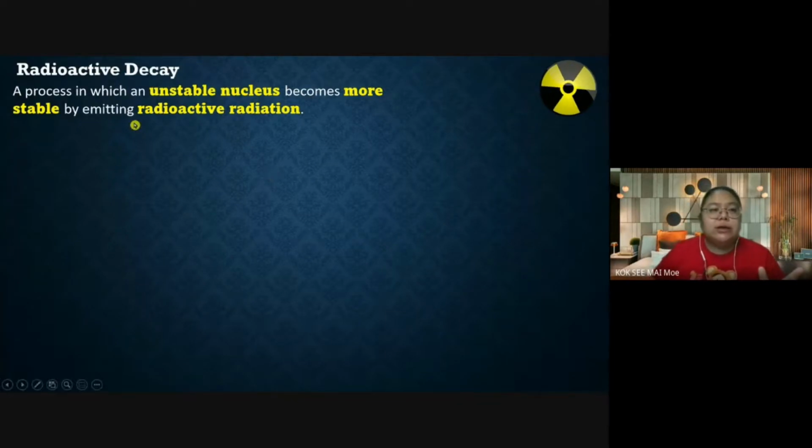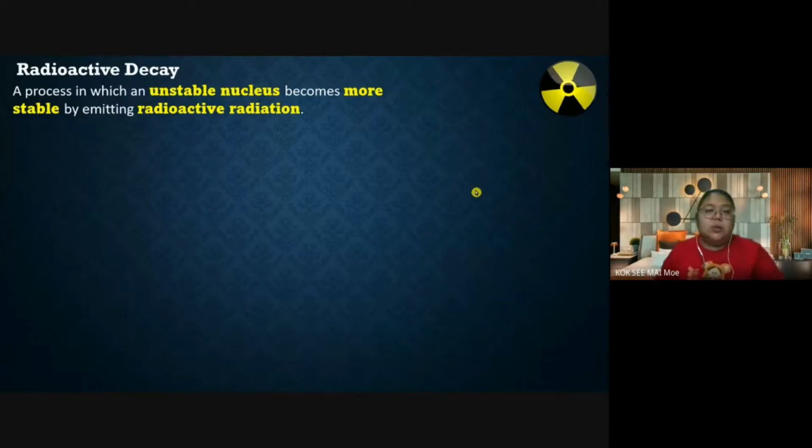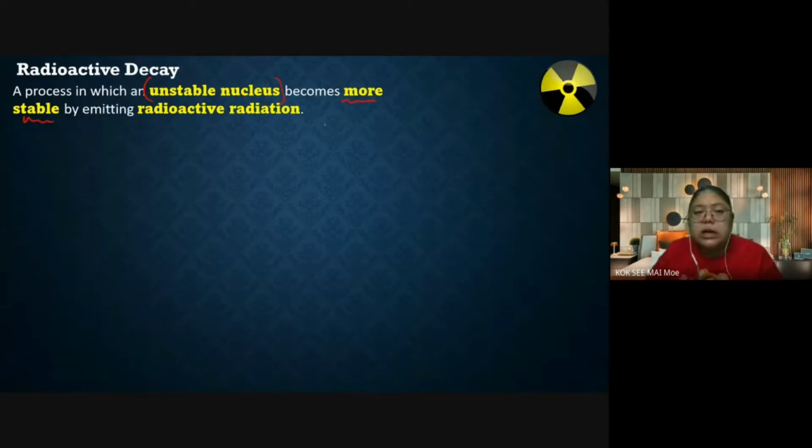Okay, so now we go and see what radioactive decay means. This is one of the processes in which an unstable nucleus decays. It happens when the nucleus is unstable. Then after the decay, it becomes more stable. When it becomes more stable, it will emit something. The something we call radioactive radiation, either alpha, beta, or gamma.